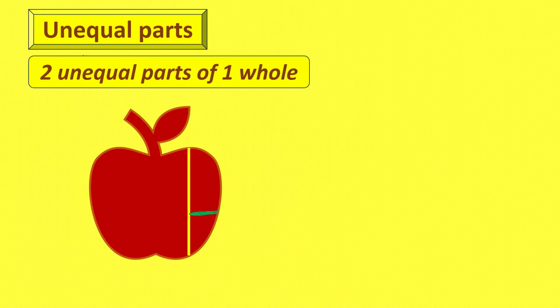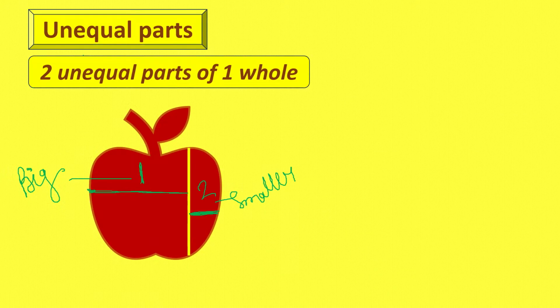So we get a part here, and again a part here. The first part is bigger than the second one. Our second part is smaller, and our first part is big. That's why it's an unequal part.